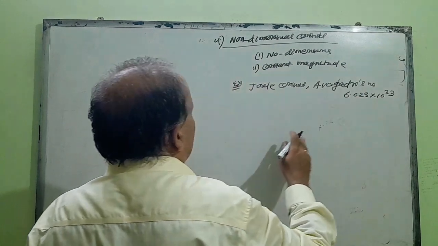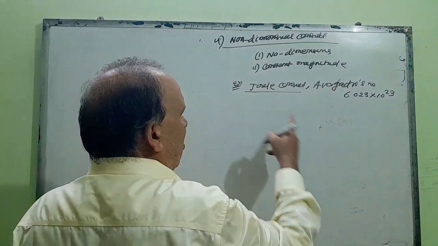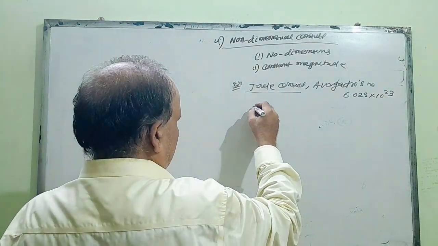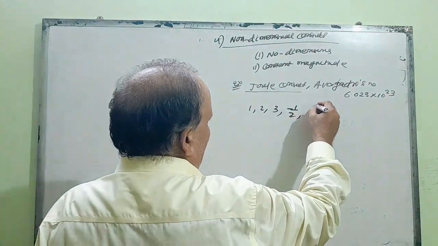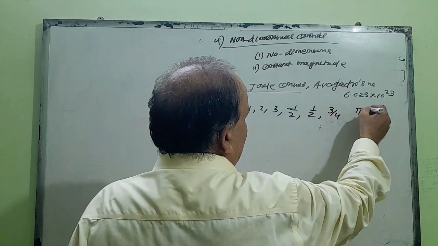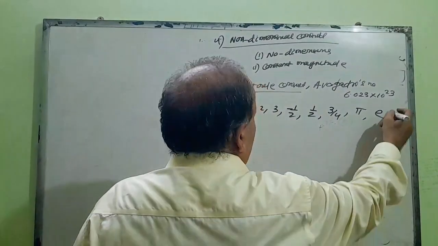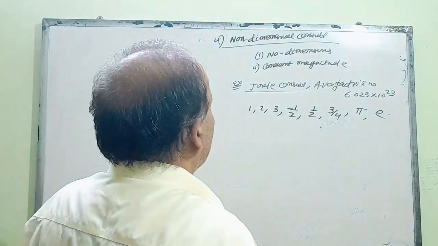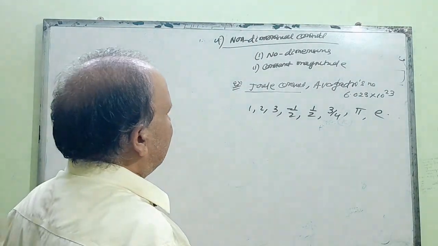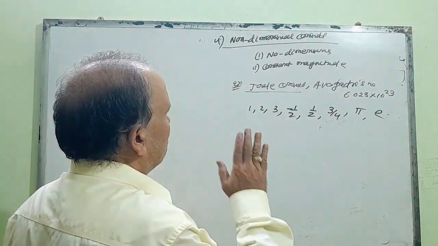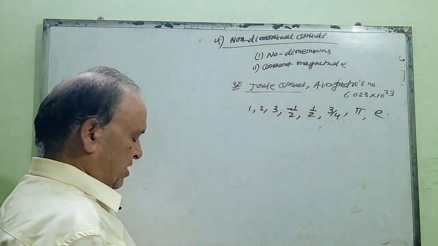It has no dimension, it is a number only. Similarly, another is Joule's constant, and all pure numbers like 1, 2, 3, and also minus 1, 1 by 2, 3 by 4, pi. Pi means 22 by 7, e means 2.71 and so on. All these are non-dimensional constants because these are physical quantities which have no dimension but their magnitude is constant.